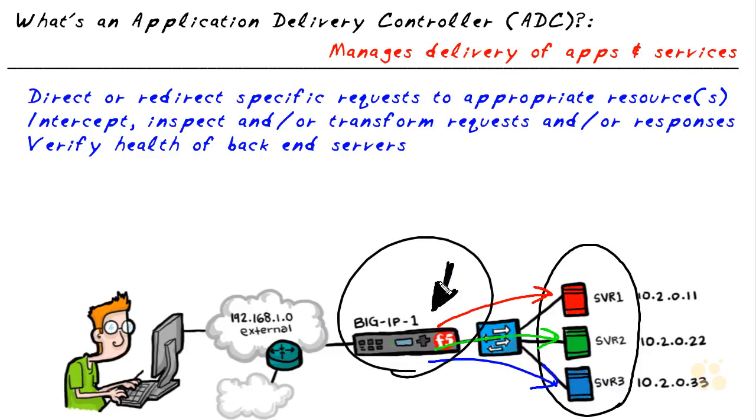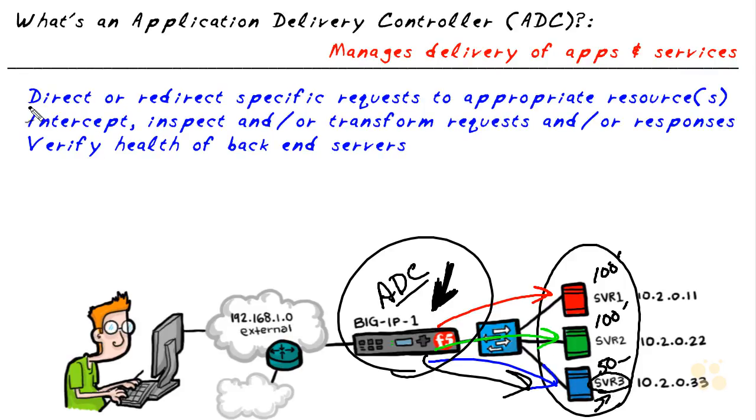In addition, what we could do on this application delivery controller is forward requests to the least busy server at that moment. For example, if server 1 and server 2 both had 100 requests that they were currently servicing, and server 3 only had 50 requests that it was currently handling, the application delivery controller, being aware of exactly who's been served up how many requests, could go ahead and send that request to the device that has the current least number of connections and requests in process.